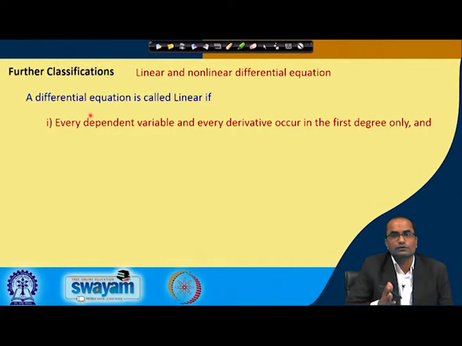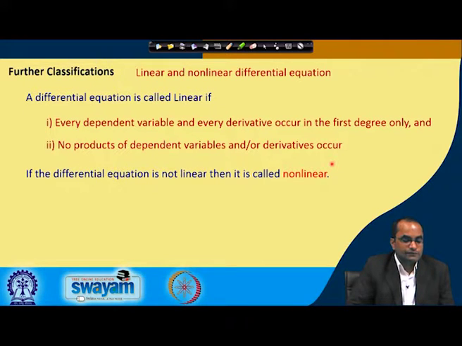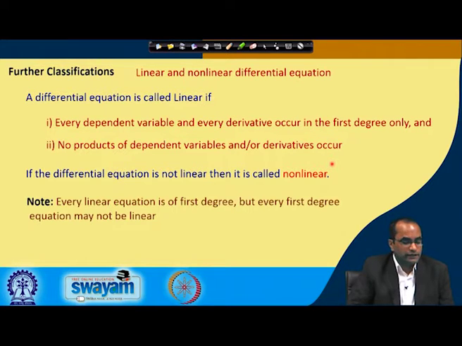If we do not see a product or a power, then we have a linear equation, meaning that no product of the dependent variable and or the derivatives occurs. If the differential equation is not linear, then we call it a nonlinear equation. In a nonlinear one, the product of the derivative or the dependent variable with the derivative will exist.